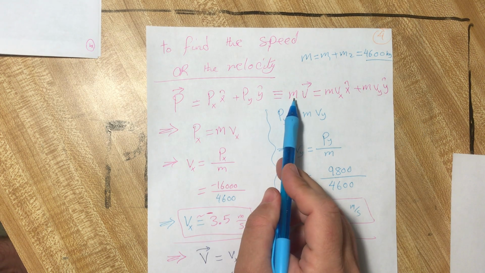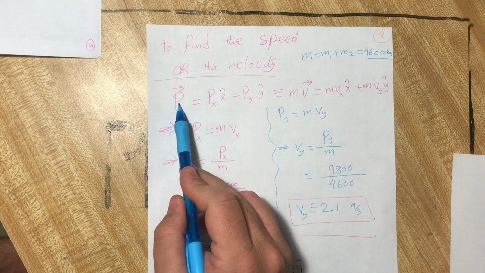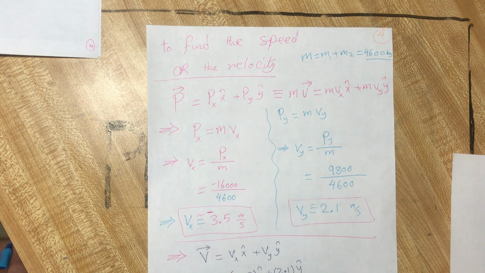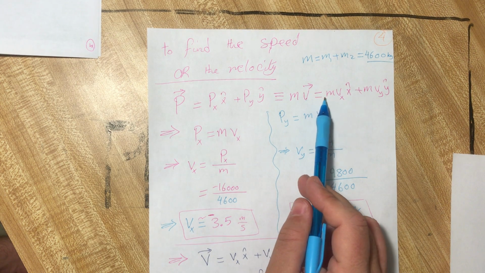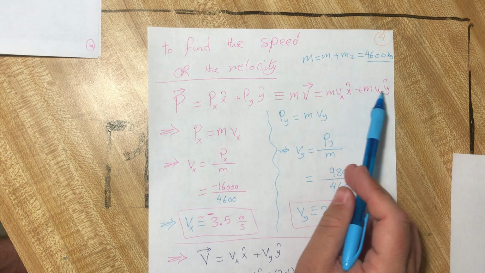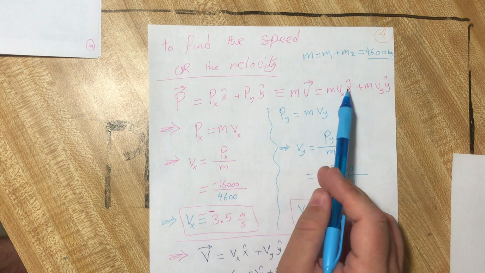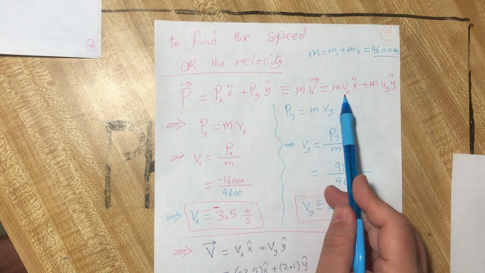I know that the momentum is equal to the mass multiplied by the velocity, as vectors. Momentum is a vector because the velocity is a vector, okay? But the velocity in this case, I can make it Vx x hat plus Vy y hat, and multiply m by each term. So I need to find Vx and Vy.